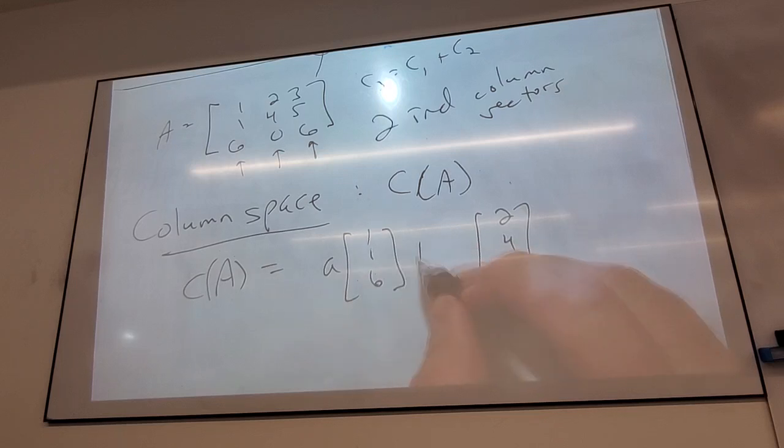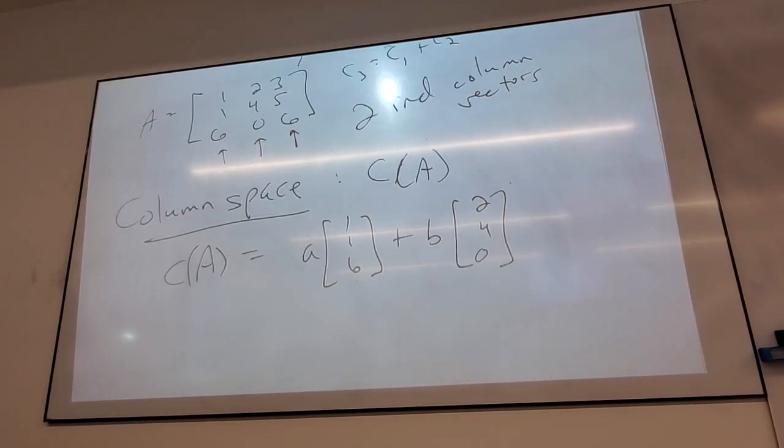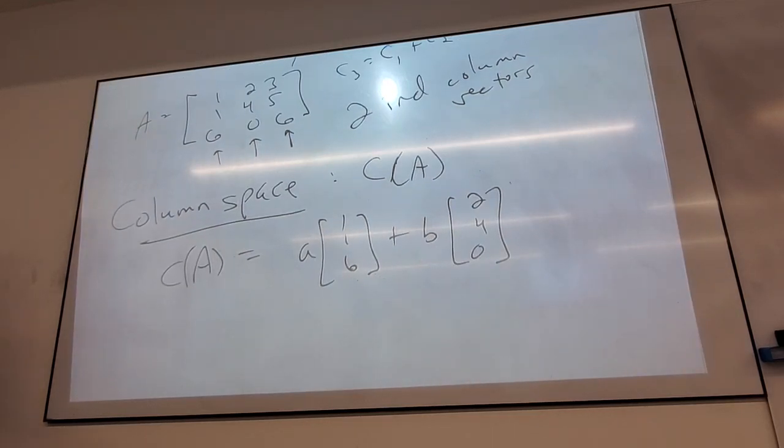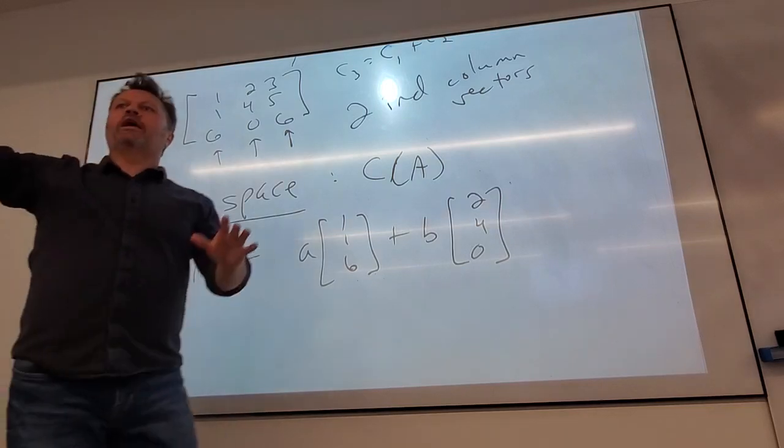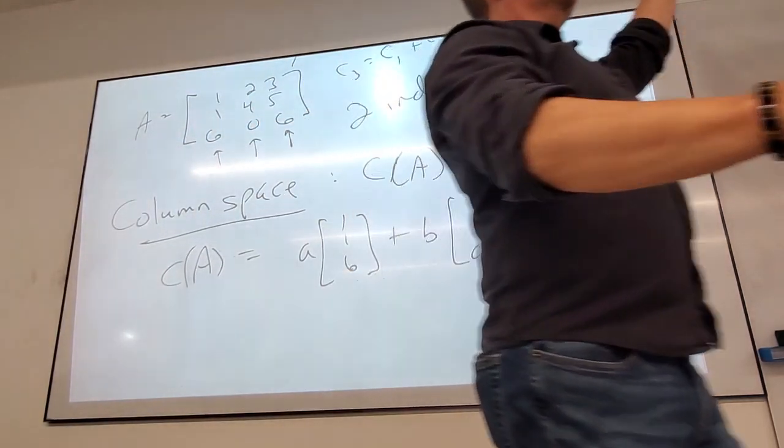Some multiple of this plus some multiple of this. If I take all linear combinations of those 2 vectors, I will create the plane that is the column space.